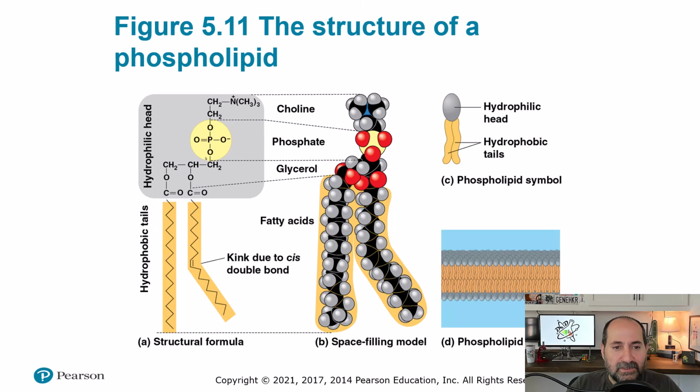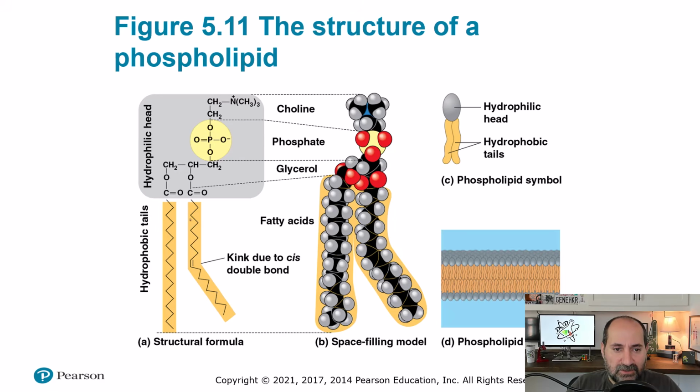The reason it's called a phospholipid is because it has this functional group attached to the glycerol head. What is this functional group called? That's right, it's a phosphate group. The phosphate group is attached to the glycerol head. And like I said, there's another little attachment here called choline, which is a charged entity as well.